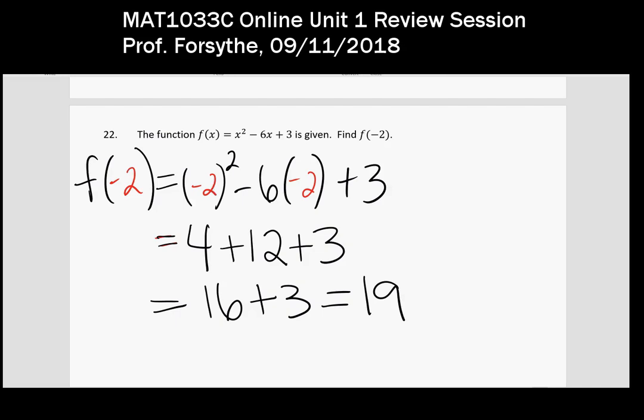So f of -2 equals 19. Now instead of saying evaluate the expression when x equals -2, we can just say find f of -2. That's function notation, just a way of saying something in a much shorter, more concise way. So that's your answer there.